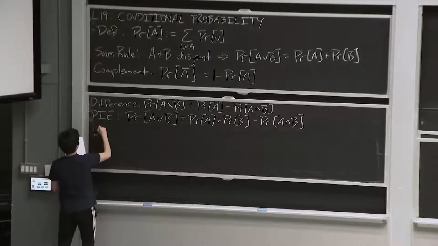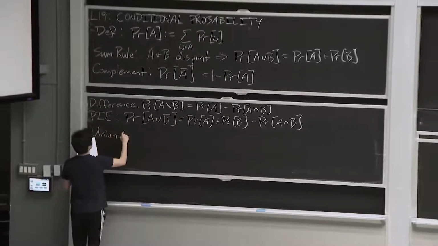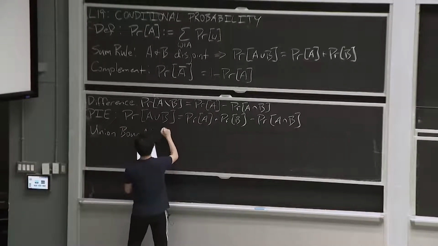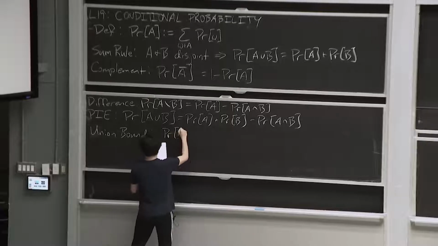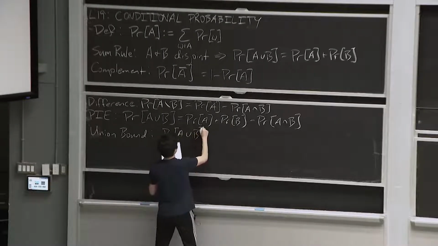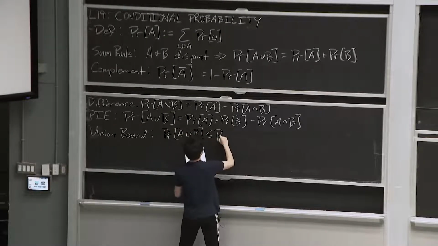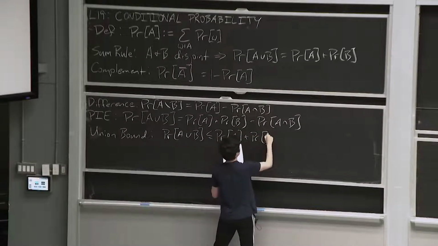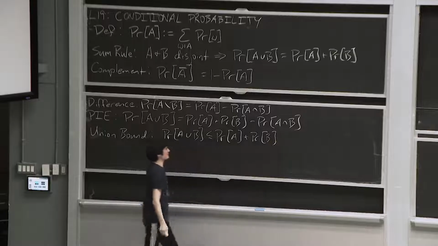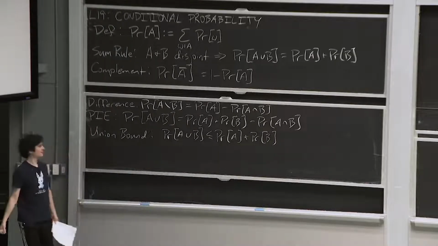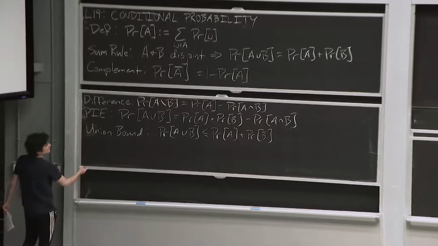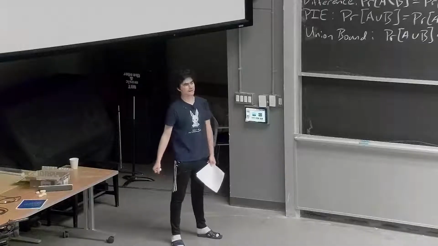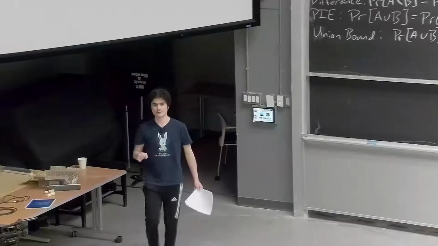The probability of A union B is less than or equal to the probability of A plus the probability of B. Or I suppose I shouldn't say it doesn't really have an analog, but we didn't really look at the analog. Okay? And why might that be the case?